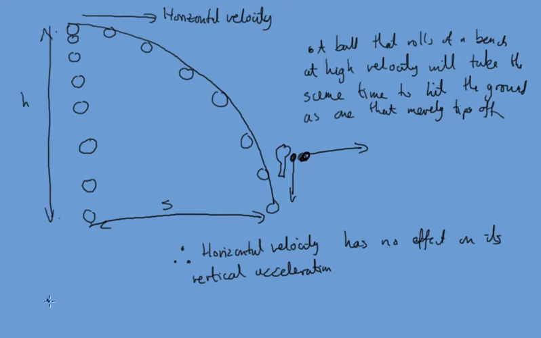So we treat the horizontal and vertical motions separately. And this is something that you will have to get really used to, being able to pick which components are for which part of the motion, and it's a really important skill to grow in your physics.